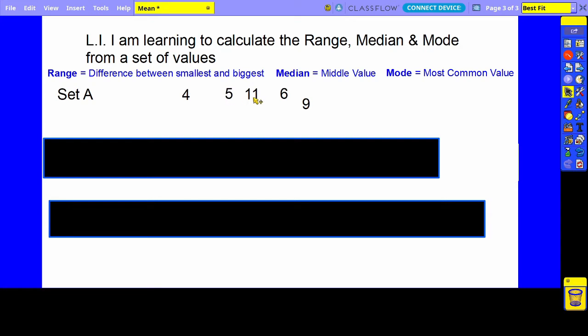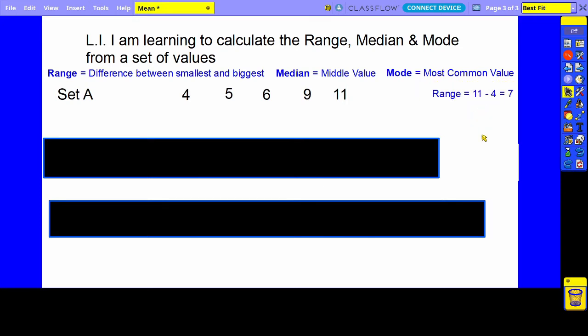We'll just reshuffle them so they're in numerical order. There we have it. So 4, 5, 6, 9, and 11. So we've reordered our numbers. And this is what you do to work out the range, mode, or median for any data set, any set of values. So first of all then, let's start with the range.